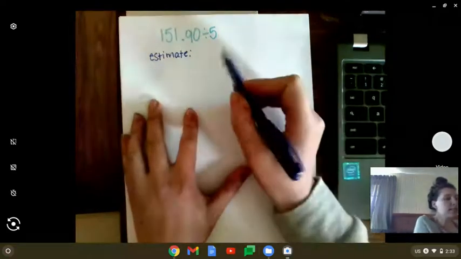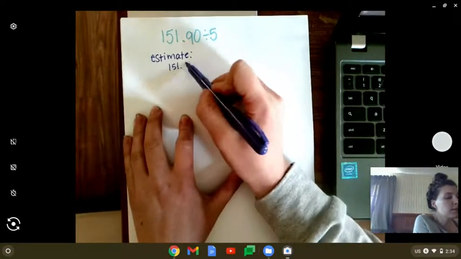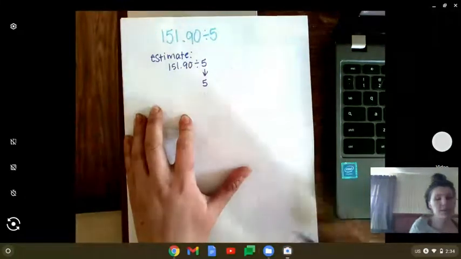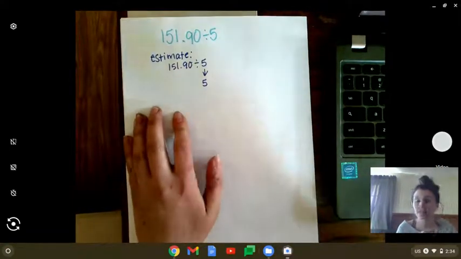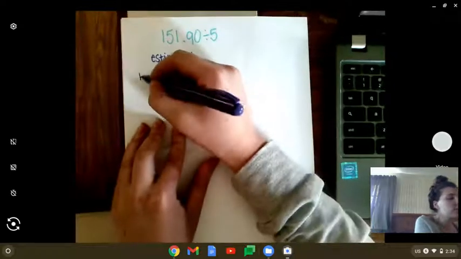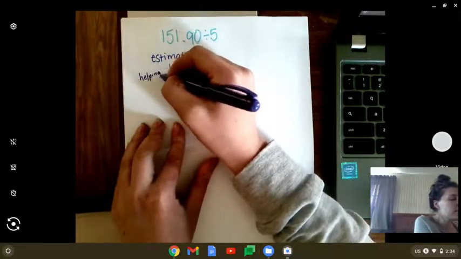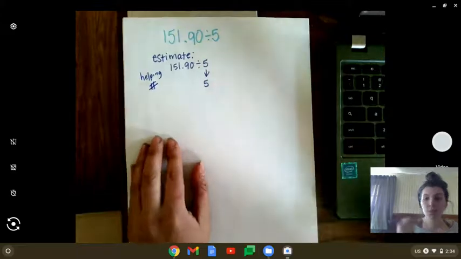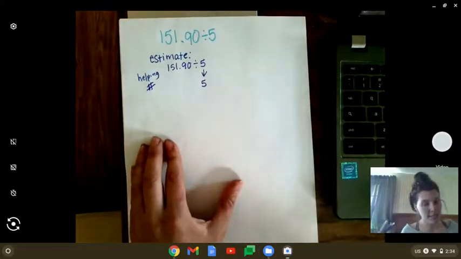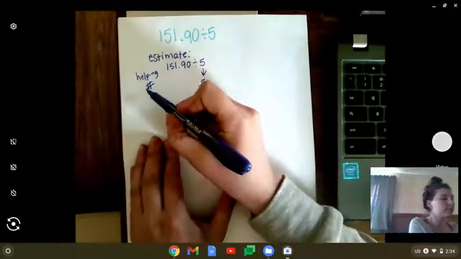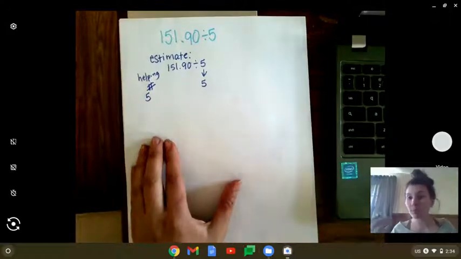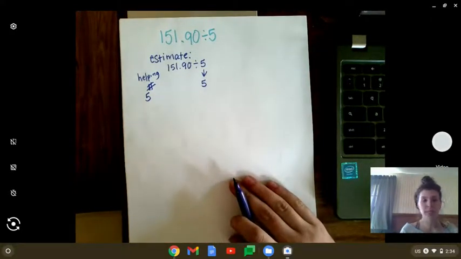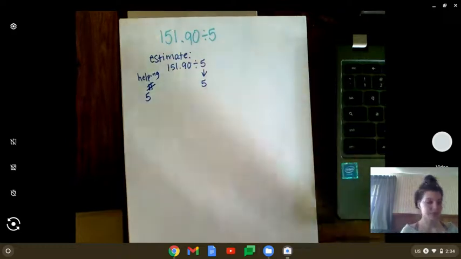So I'm going to take 151 and 90/100 divided by 5. I'm going to keep 5 as 5 because I can easily divide by 5. So part of estimating is finding my helping number. The helping number is just the number that you are going to count by, or your estimate that's going to help you figure out how many times your divisor goes into your dividend.